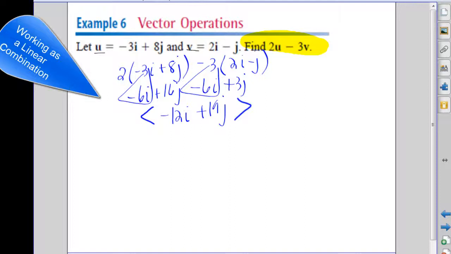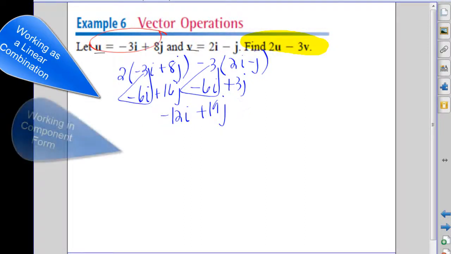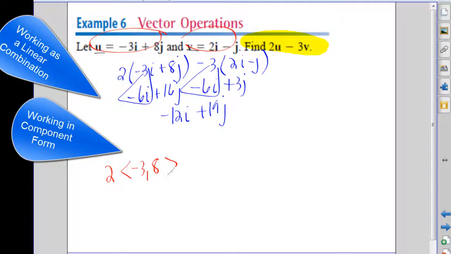Now it is worth noting that we could have done this by converting vector u and vector v into standard form. So we could have said, well, 2 times vector u, so -3, 8, so I'm using component form, minus 3 times vector v, 2, comma, -1. Let's clean this up. So the first vector is -6, 16. I want to distribute this negative.